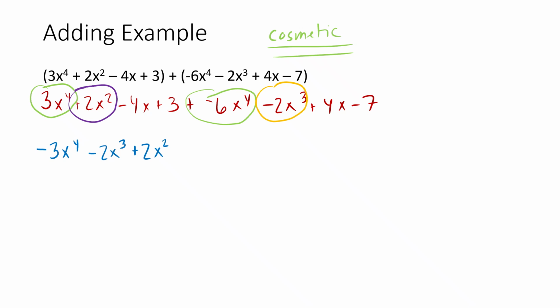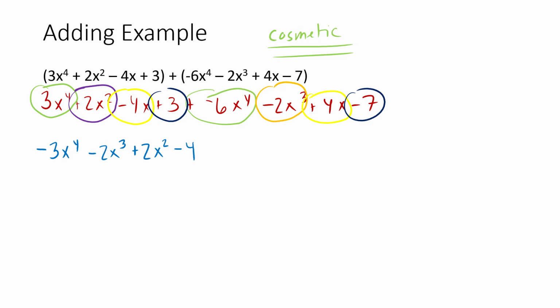Now I think they get a little bit more interesting. Now we have negative 4x plus 4x. Well, negative 4x plus 4x is 0, so that term actually drops out, and that leaves me with, last but not least, positive 3 minus 7, which is negative 4 or minus 4.